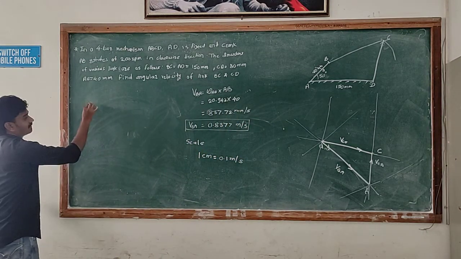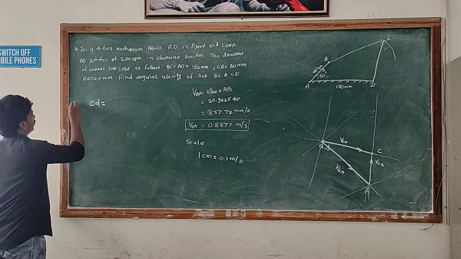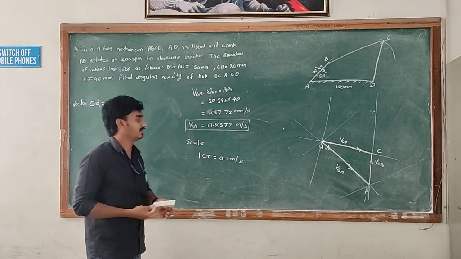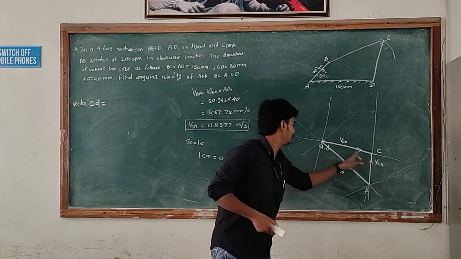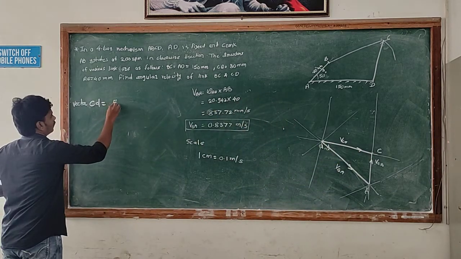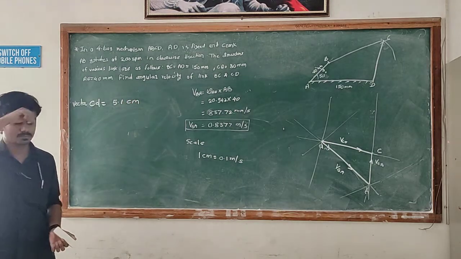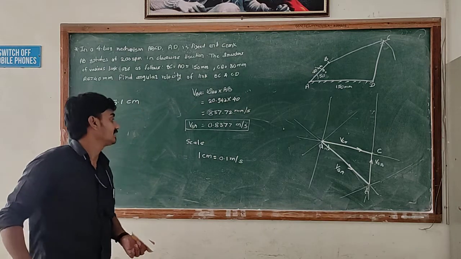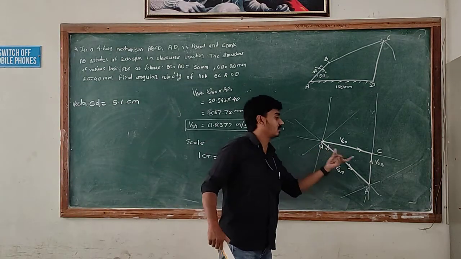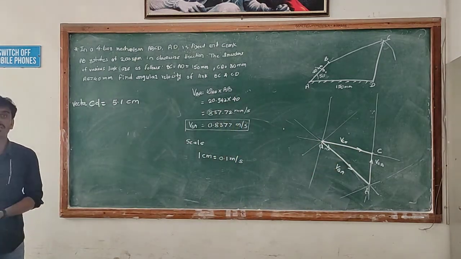If we measure this distance, that is the vector C to D, I will get 5.1 centimeter. When I measure the distance of vector C to D, it becomes 5.1 centimeter.